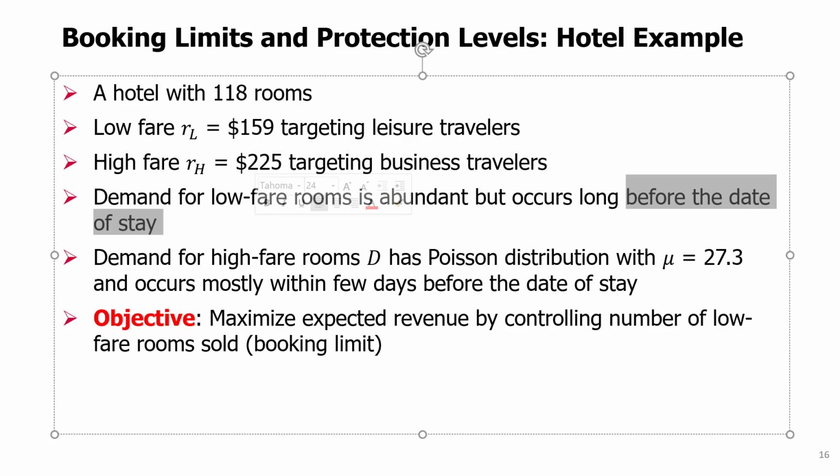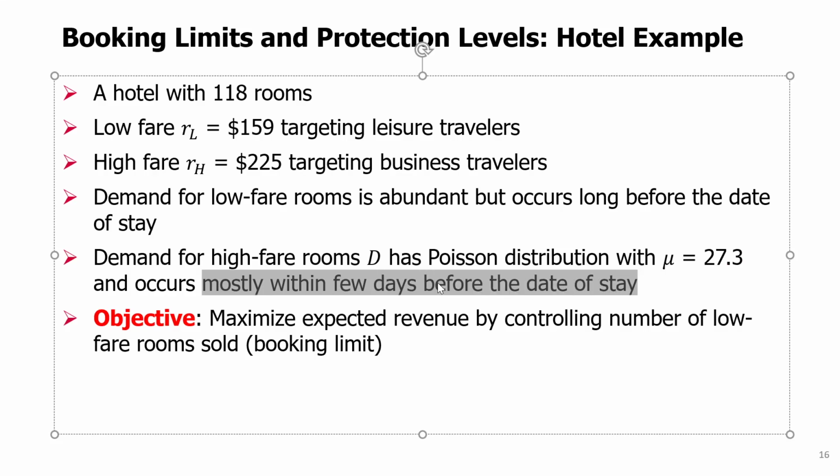These are leisure travelers who plan their holidays ahead of time, a month before, a few months before even. Before they travel, they book, right? And so we don't expect a lot of this demand to happen the last day, 2 days before the date of stay.